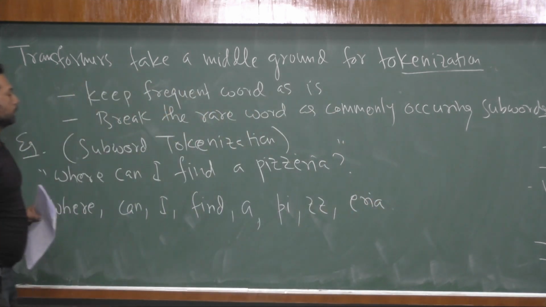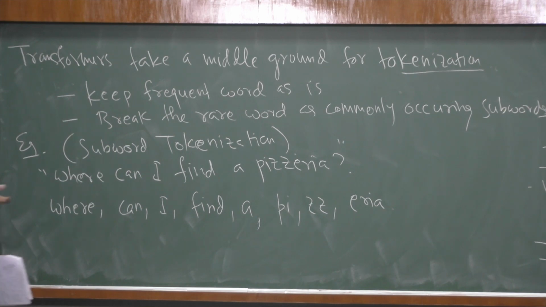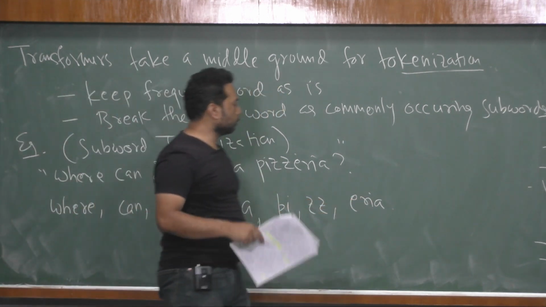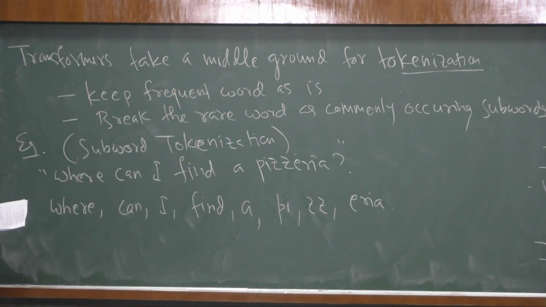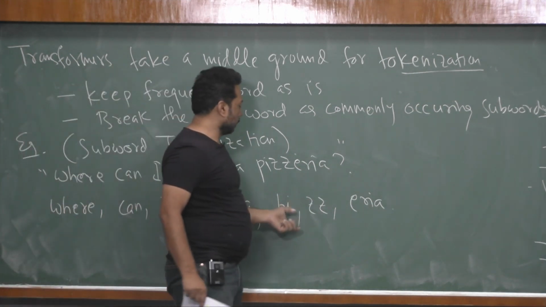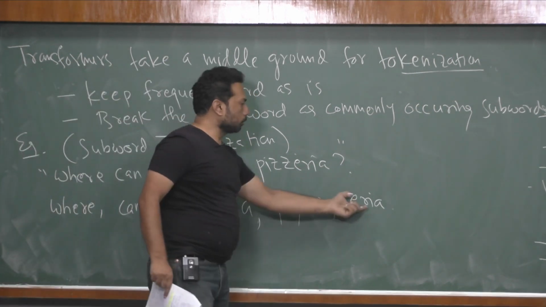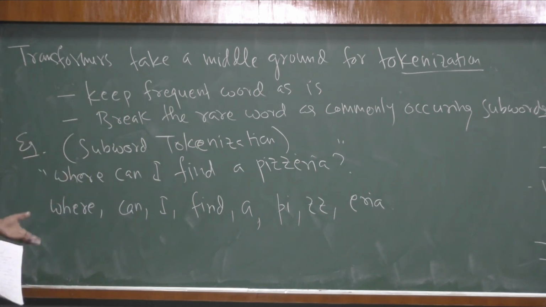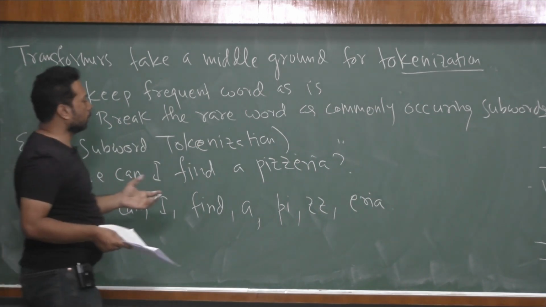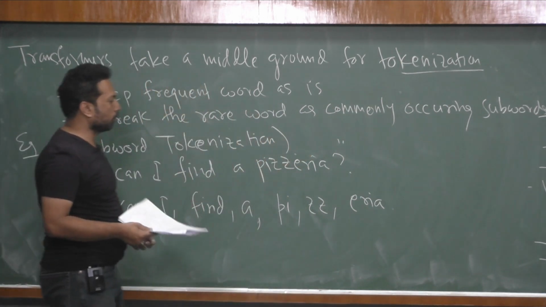The subwords may not make sense by themselves, but it may be that those subwords are common. That's the point. ZZ may not make sense, ERIA also may not be a valid word, but they may be common in many words as a small part of that word.